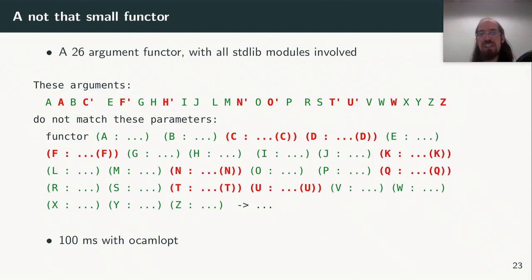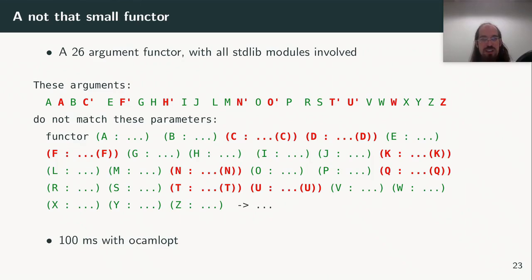Let's try to define a not that small functor with 26 arguments. 26 arguments just because, one for each letter. We pick those modules from the standard library module of OCaml, so they are quite big modules. And then we apply this functor, making a few mistakes along the way.